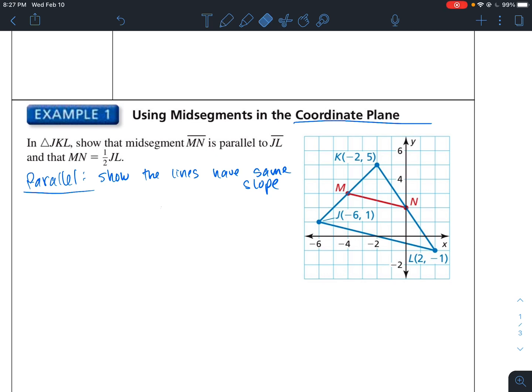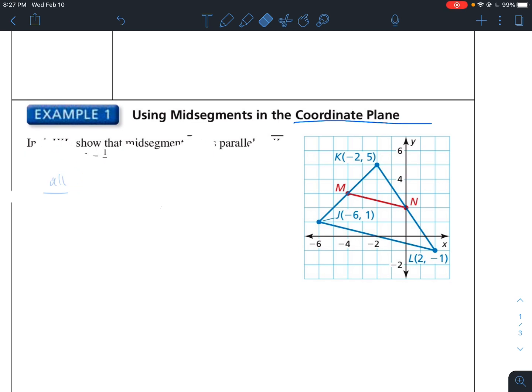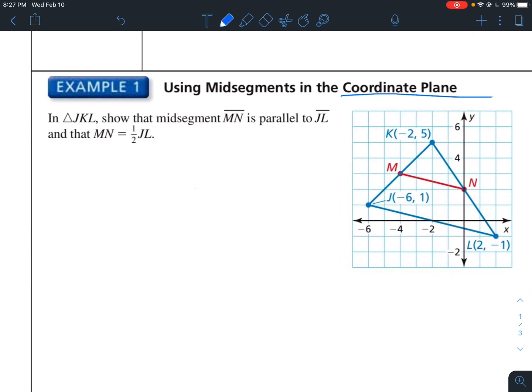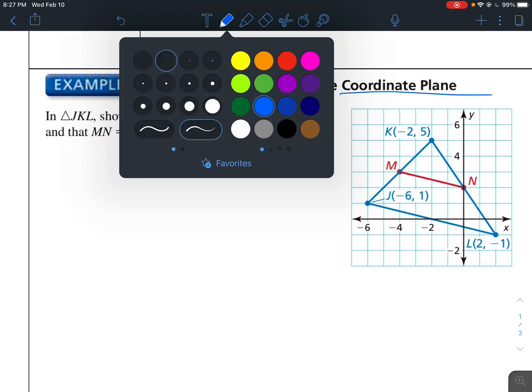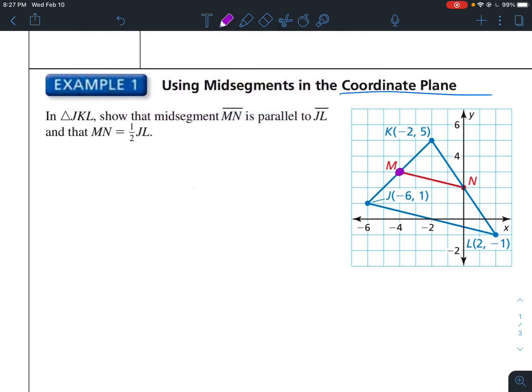Now I'm going to erase this definition, so if you want to write it down, make sure you pause it and write it down. But I'm going to erase it. So we want to show that they have the same slope. Now to find the slope between two points, first of all, let's identify what these points are.